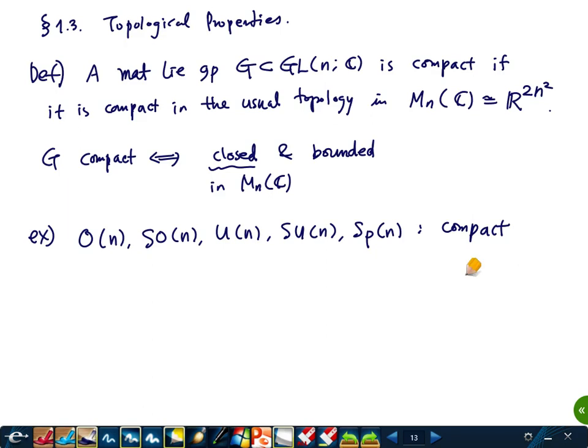We check closed and bounded, these two things. Closed is simple, easy. For boundedness, let's consider just the first one. The remaining groups can be done similarly.